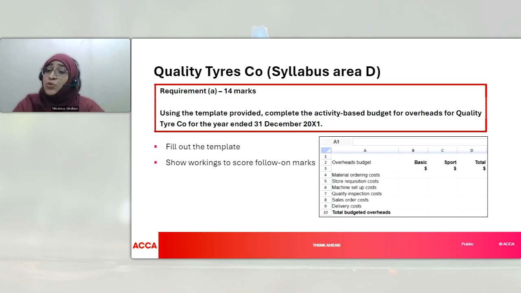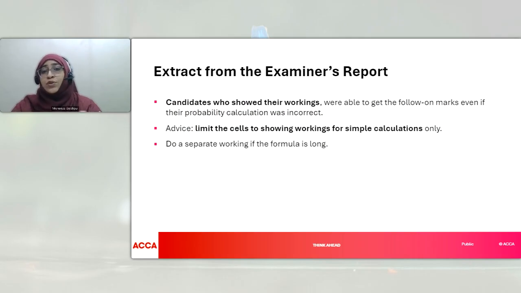Now, there are two things. When you look at the marking guide, there are marks allotted to specific workings. Secondly, if you have gotten the final answer wrong, by not showing the workings, you're not leaving any margin for the marking team to award you any marks. All right. So showing workings is very, very important.